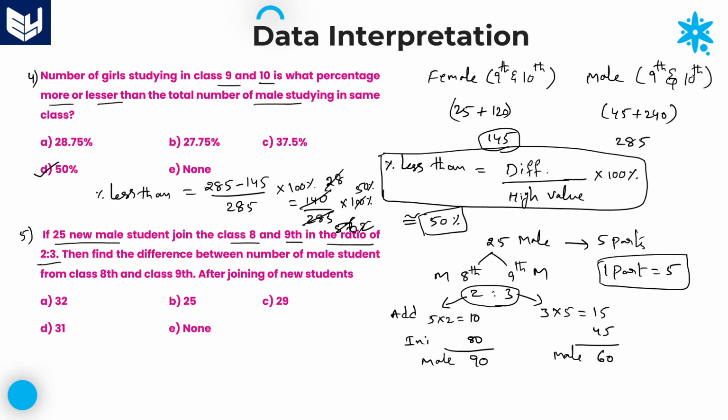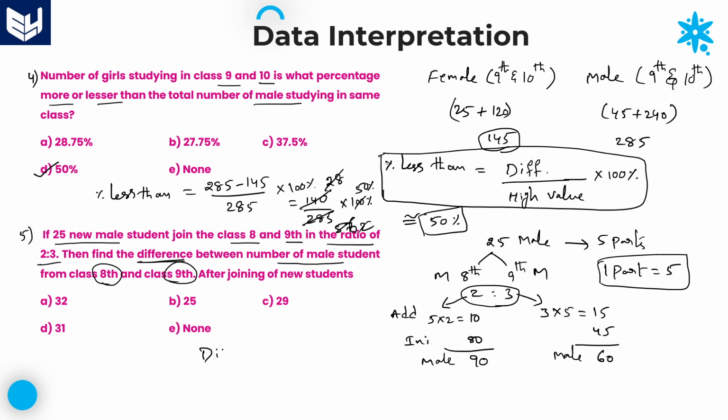Now look at the question, what he is asking. You need to find the difference between the number of male students from class 8 and class 9 after joining the new students.